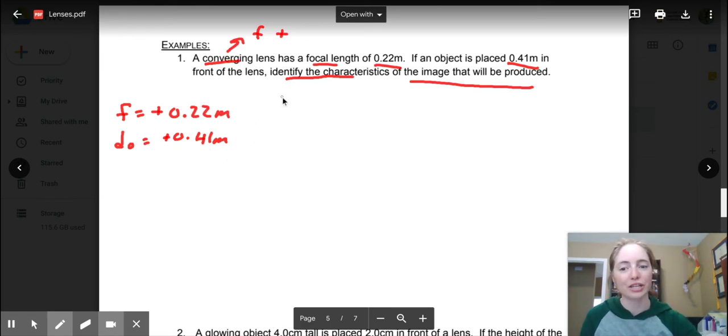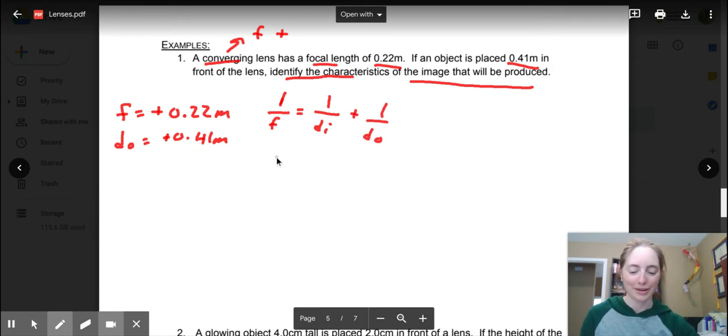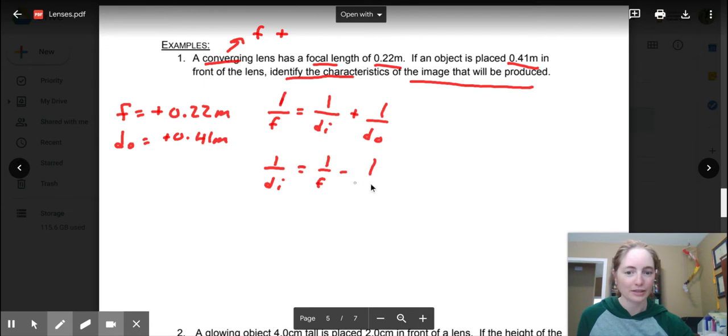Looking at your data sheets, you have your equation of 1 over F is equal to 1 over DI plus 1 over DO. Now, ladies and gentlemen, we're just going to rearrange this. We get 1 over DI is going to equal 1 over F minus 1 over DO.